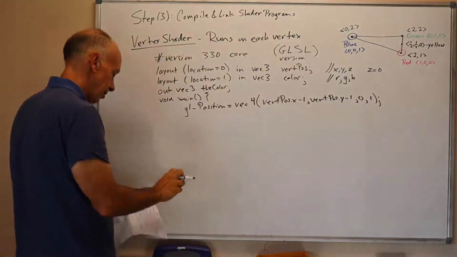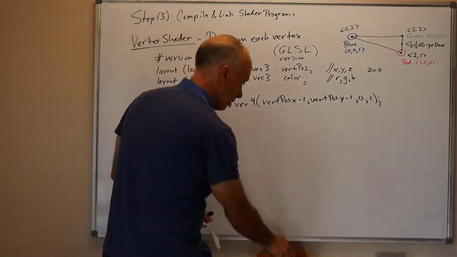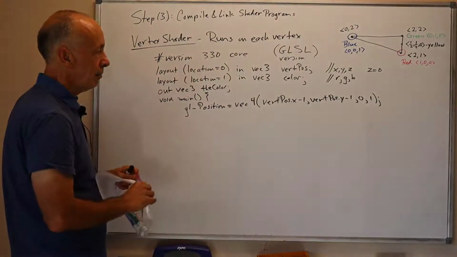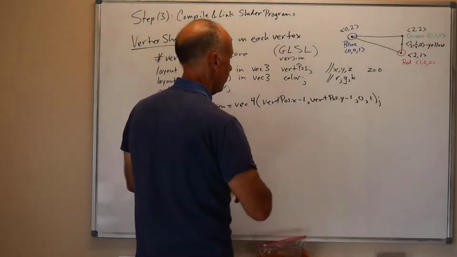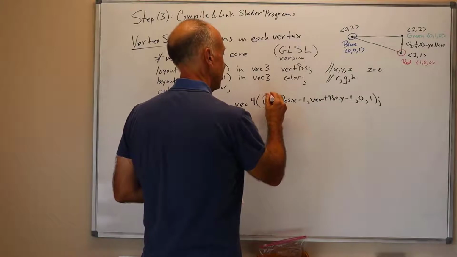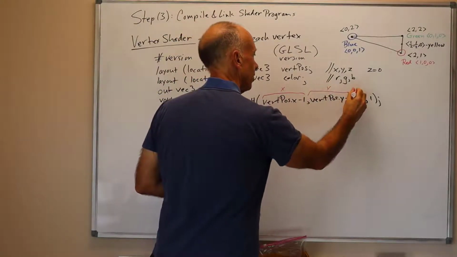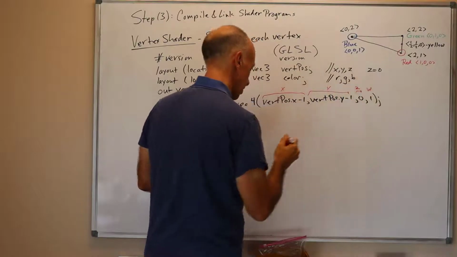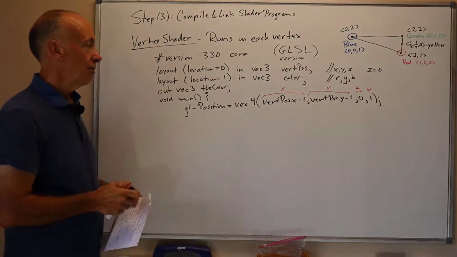Okay, so what's going on here? We're outputting a vector with 4 components. It's got an x component, a y component, a z component, and a so-called w component. So this is an x value, this is a y value, this is a z value, and this is a w value. We'll learn later in the course what the w value means, but now we'll just force it equal to 1.